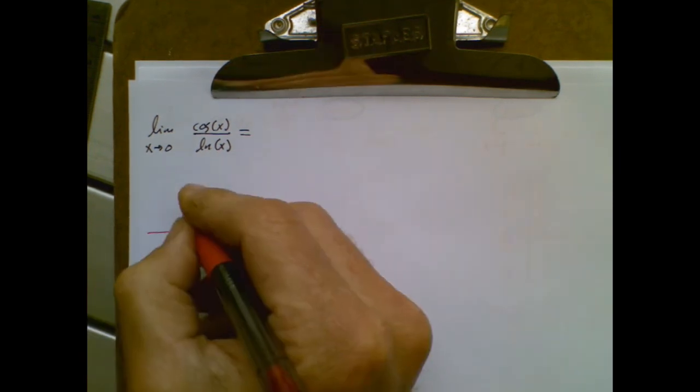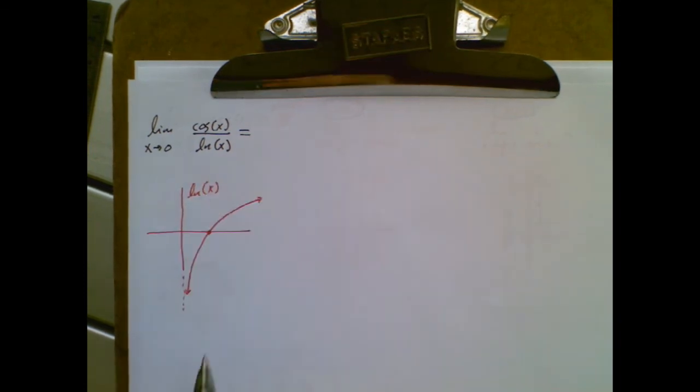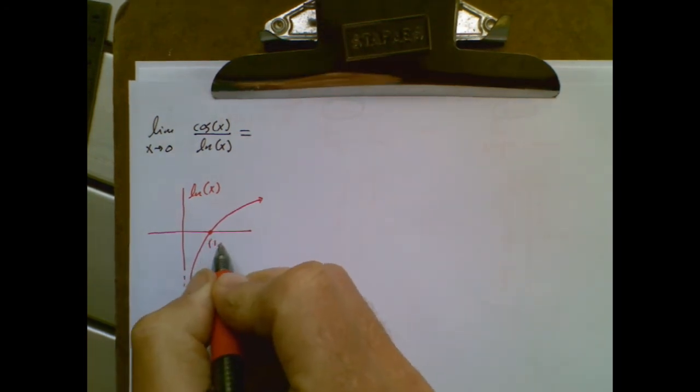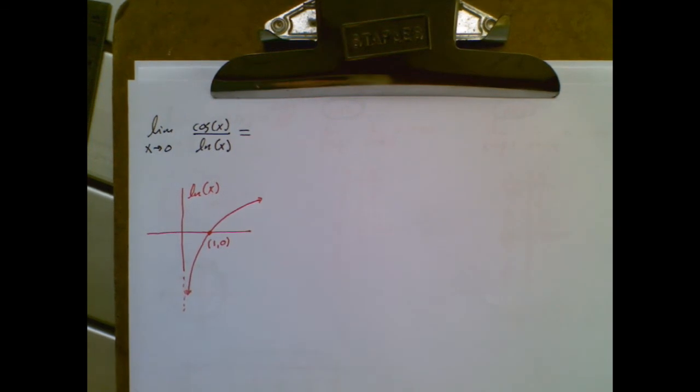I've graphed the natural log of x for us, and as you know, as we approach 0, natural log of x never gets there. It has this vertical asymptote. Another very important spot on natural log, not important in this specific example, is the x-intercept.